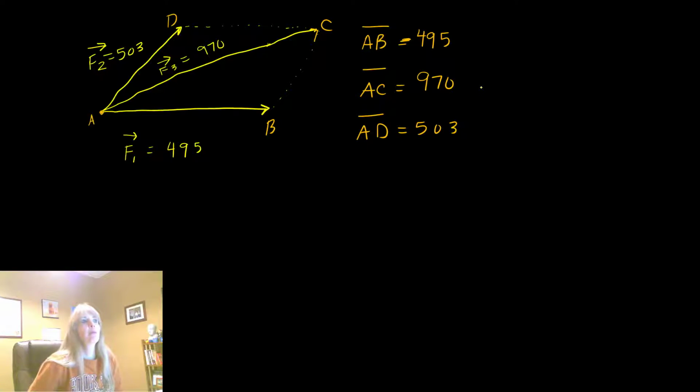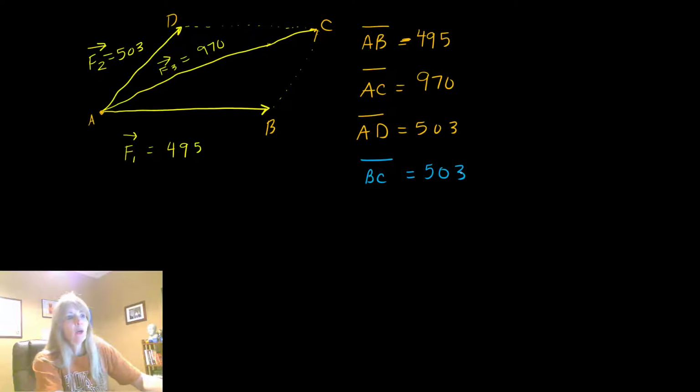One of the main properties here is that the opposite sides of the parallelogram have the same length. So in other words, this length BC is also 503.